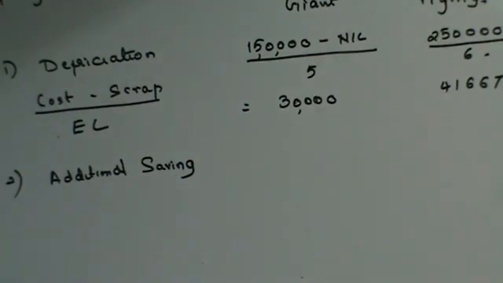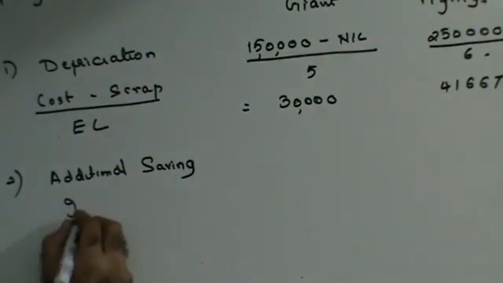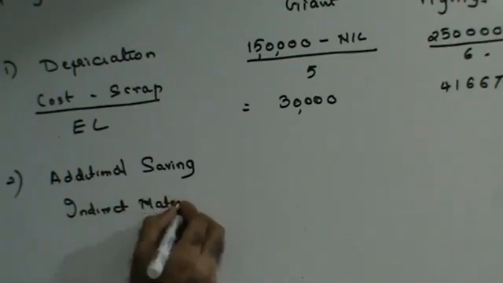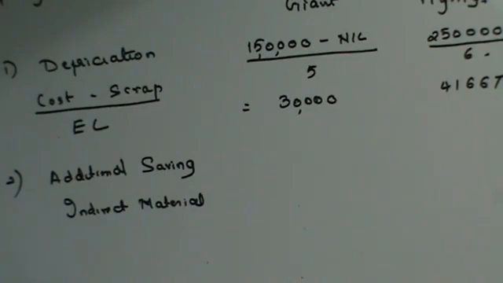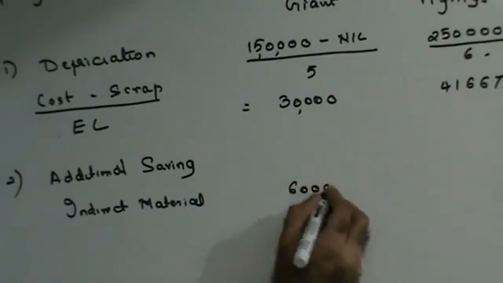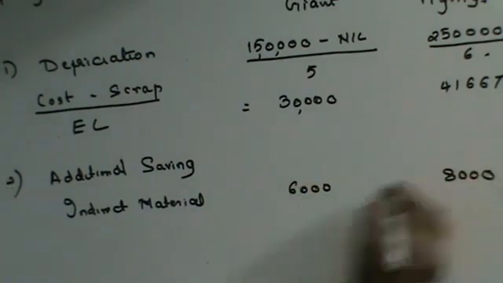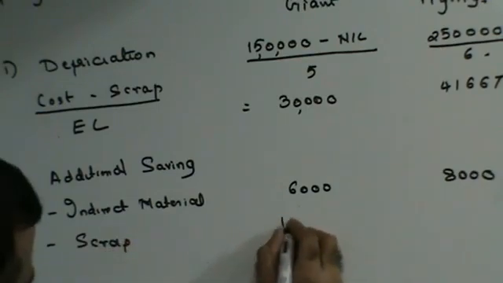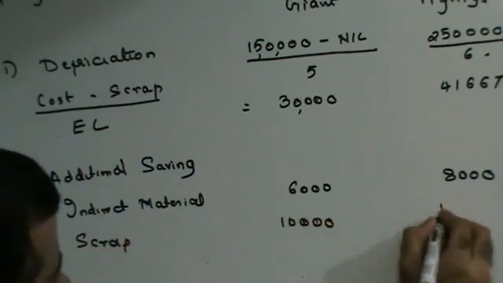Now in additional savings you have savings in indirect material, 6,000 and 8,000. Then you have savings in scrap. Savings in scrap is 10,000 and 15,000.